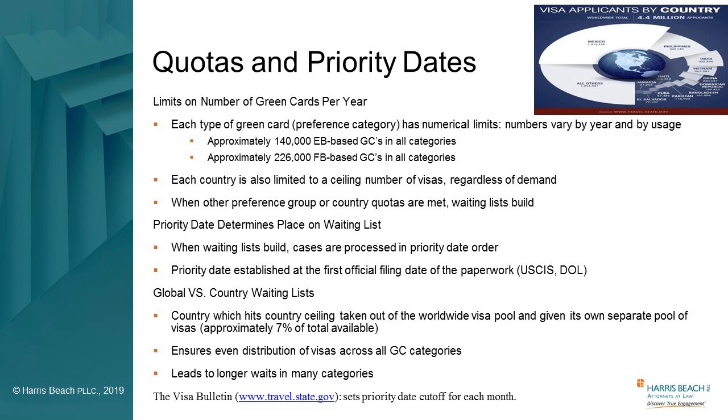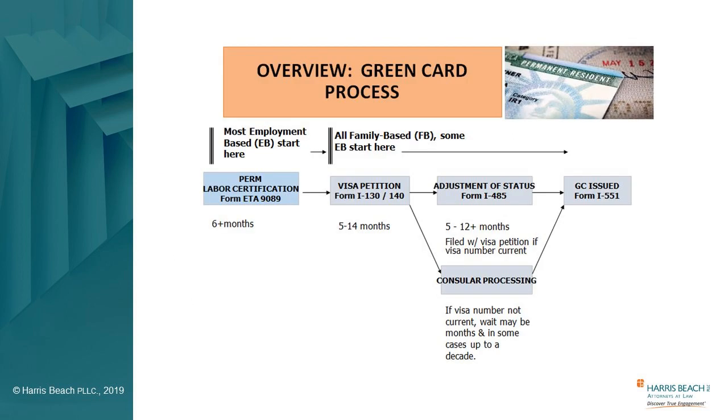Now I'll go back one slide here. So whenever an employee or an employer starts an employment-based green card process on behalf of an employee, the employee will get what's called a priority date. And the priority date is going to be the date that the process was started.